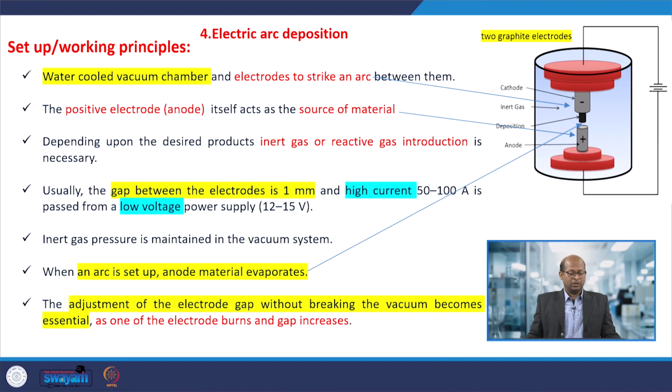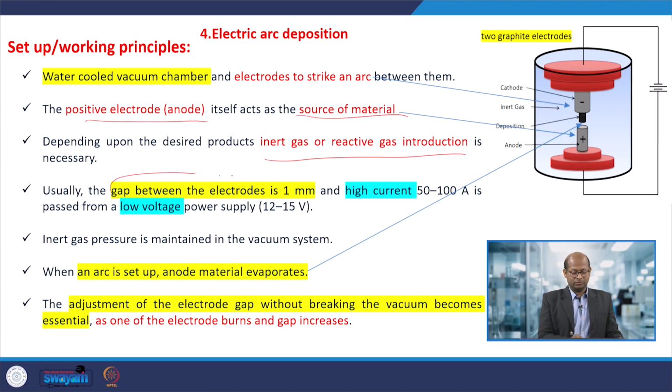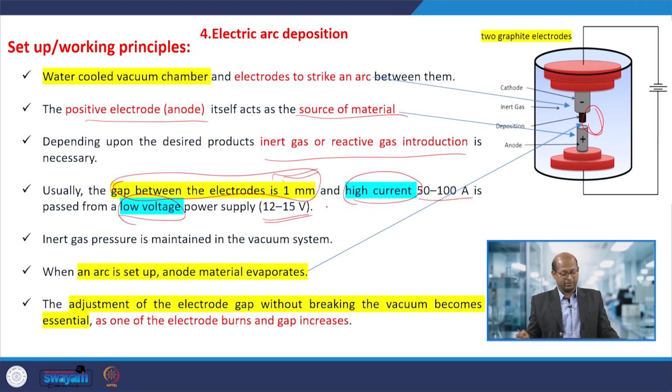In these electrodes, the materials that we have to use are graphite, both as source materials. An inert gas we have to use between the two electrodes. There is a gap of just 1 mm, a very small gap, and we can develop a high current, 50 to 100 amperes, and apply low voltage for this particular process.